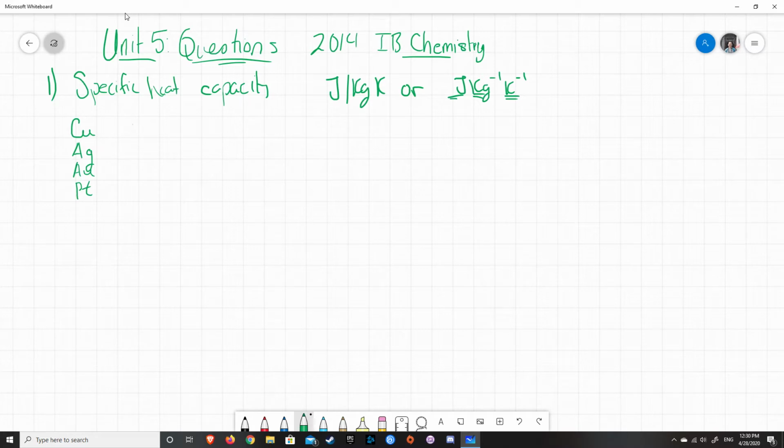The specific heat capacities are 385, then 234, then 130, and platinum is 134. And the question says you're applying 50 joules of heat to the same quantity of the sample at the same temperature.